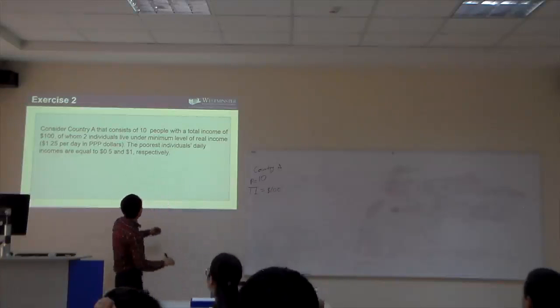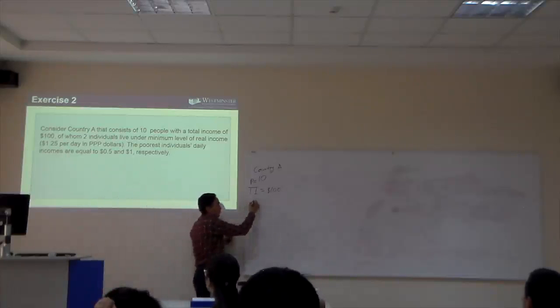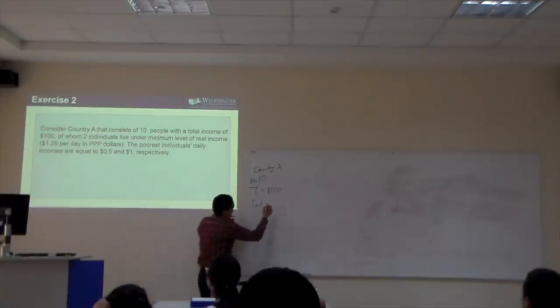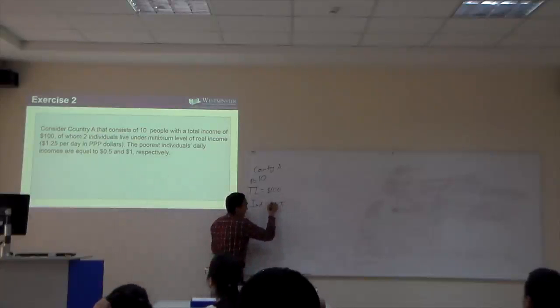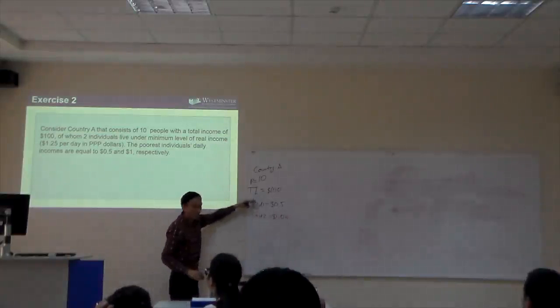We know that poorest 2 people, right? Individual 1, the poorest individual 1, his income is equal to $0.50. Individual 2, $1.